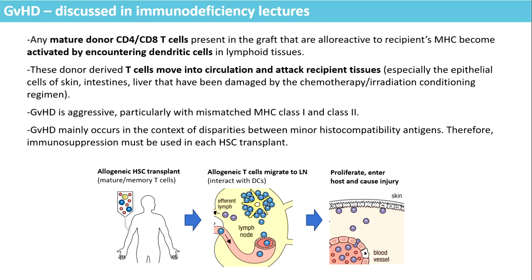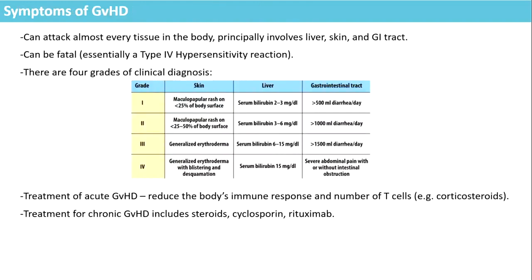Graft versus host disease is particularly aggressive when we have a mismatch between MHC class 1 or class 2. This is why immunosuppression really must be used when we're doing hematopoietic stem cell transplants. Now, this slide displays the symptoms of graft versus host disease.